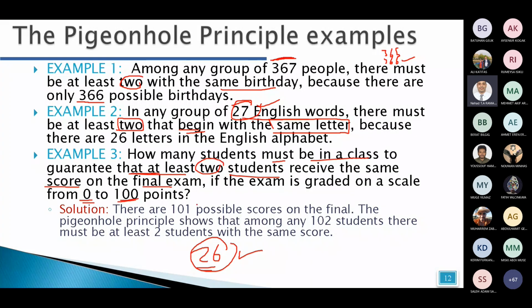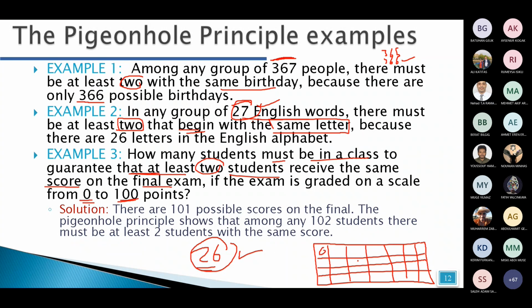The score is actually the pigeonhole. I want to distribute the students, which are the pigeons. We can consider the students in these holes. How many holes do we have? How many different scores do we have?